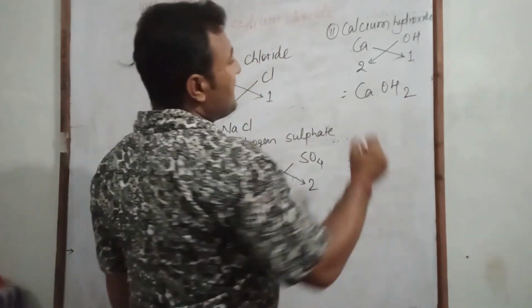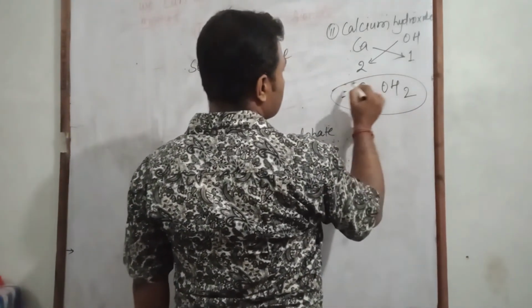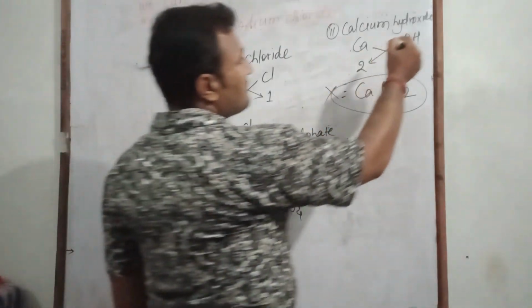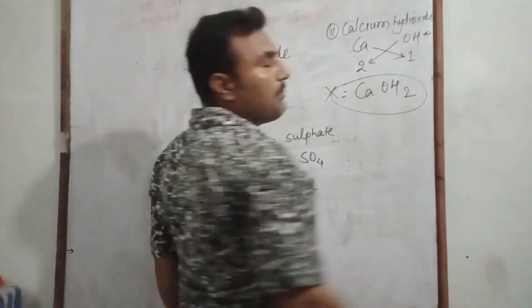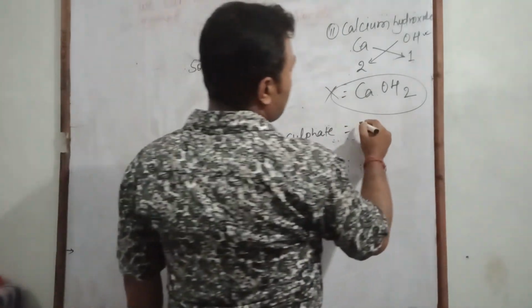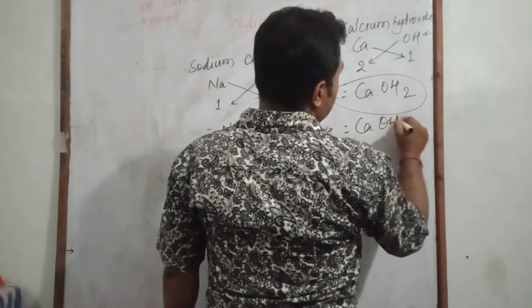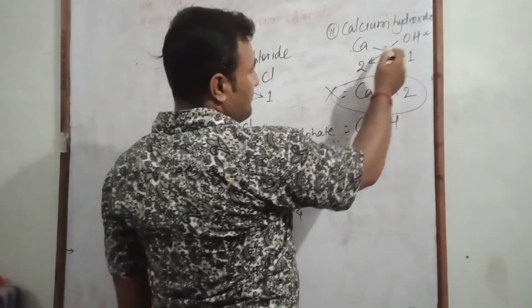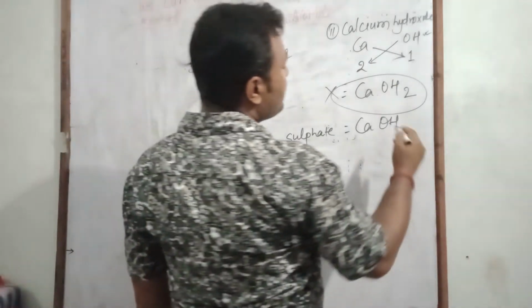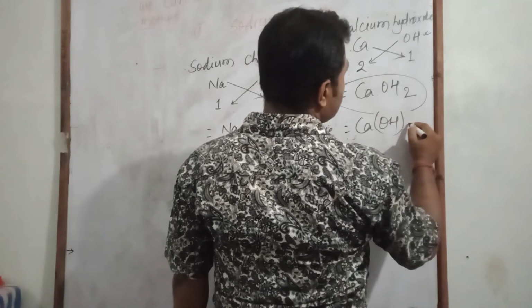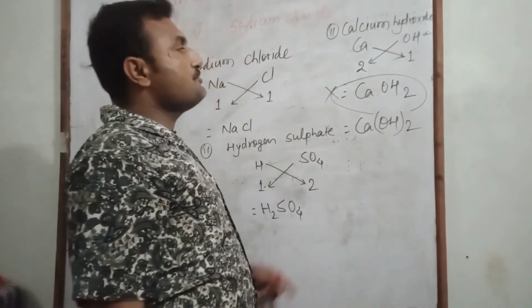But when we write it this way, it is wrong. Why? Because hydroxide is a compound radical, and while writing the molecular formula, if we have to write a valency after a compound radical, then it is essential to give a bracket and then write 2.